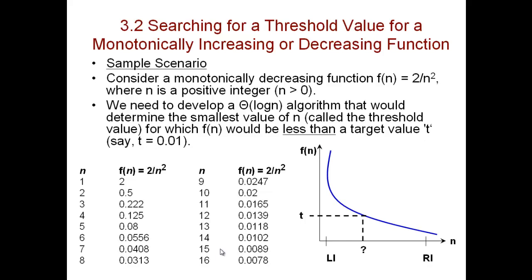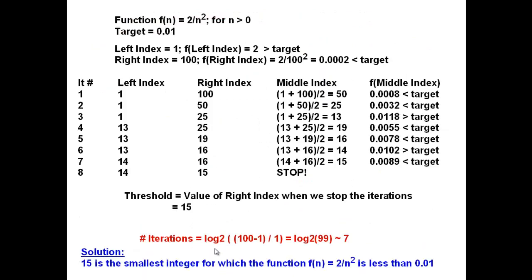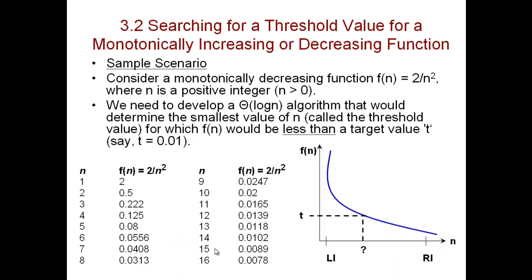Now, what we are trying to do is, using a binary search approach, find that threshold value by computing f(n) only log n times, not 15 times, but even fewer than that. And that's what we are going to do.